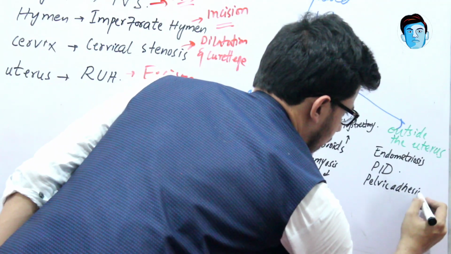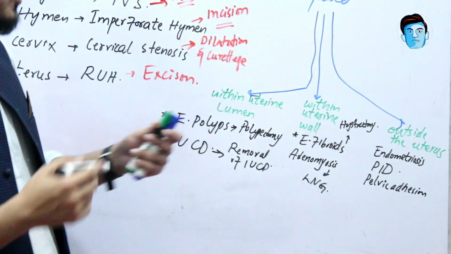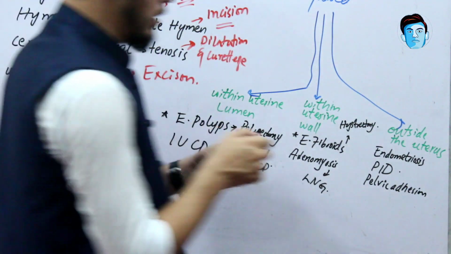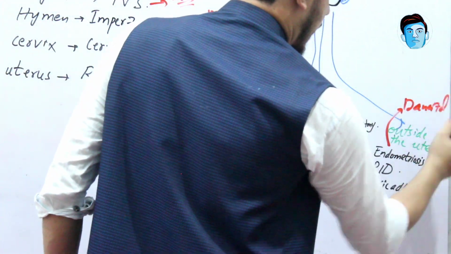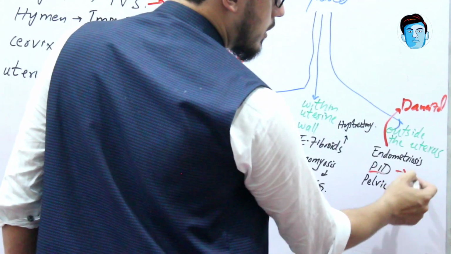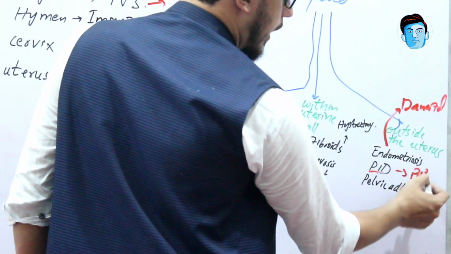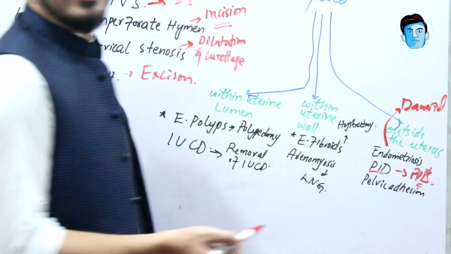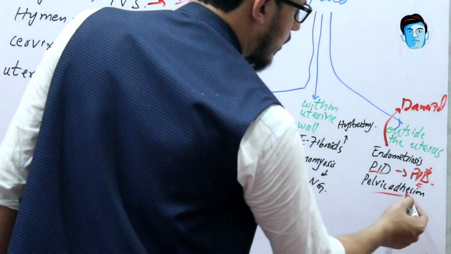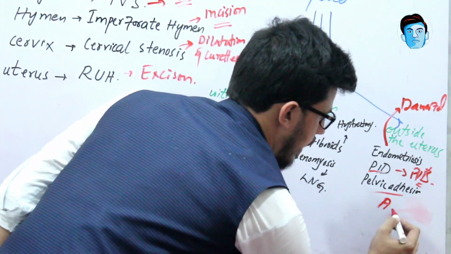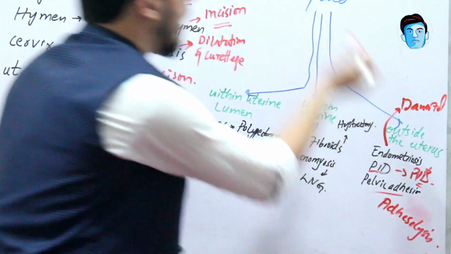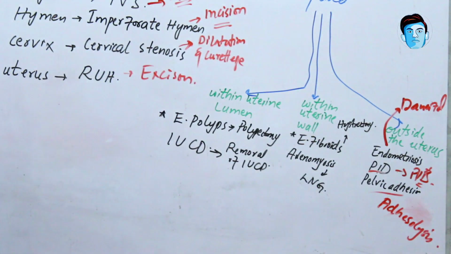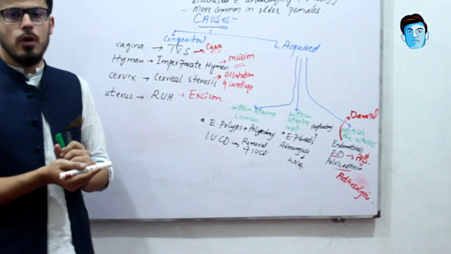Endometriosis is usually treated with danazol, and for the pelvic inflammatory diseases various antibiotics are recommended, while for the pelvic adhesion there is adhesiolysis. So students, that's all are the major causes for the secondary dysmenorrhea, that is congenital causes and acquired causes.